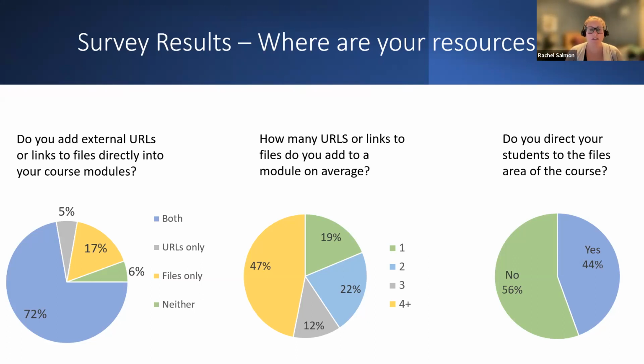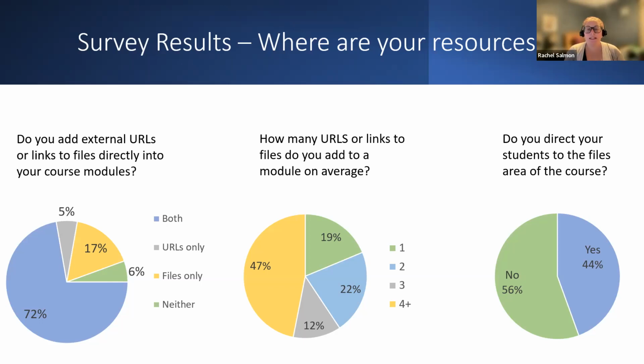So it looks like there's a large amount of links to files being put into the module. That helps us make sure that when we talk about pages, we really focus on linking to files properly and things like that. We wanted to take a look at how many URLs or links people are adding, and it looks like almost half of the people who responded put four or more.